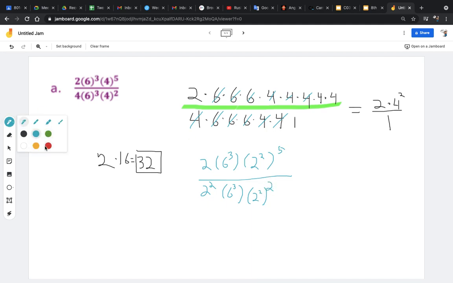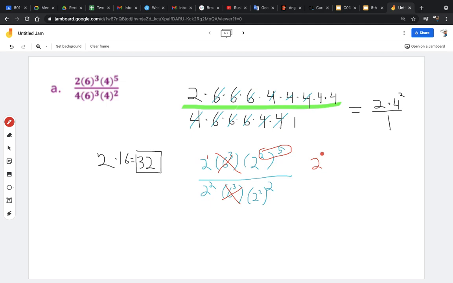Let me first do a little bit of this. 6 to the third and 6 to the third can cancel out, because that's just going to give me 6 to the 0, or 1. Now, let me use the rule of powers. This becomes 2 times 10 to the 5, so this 2 is going to become 2 to the first power.